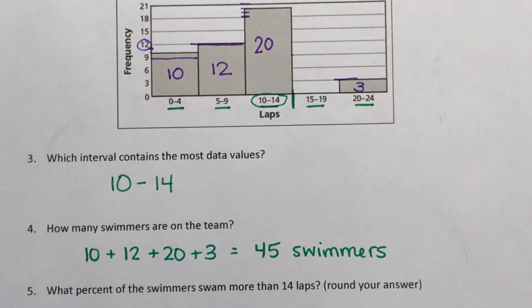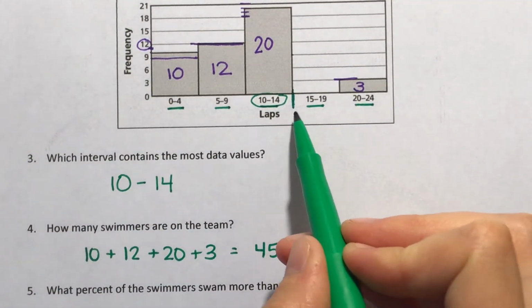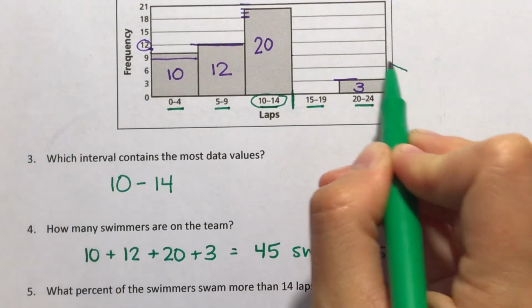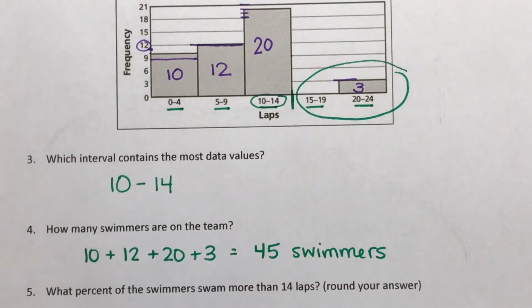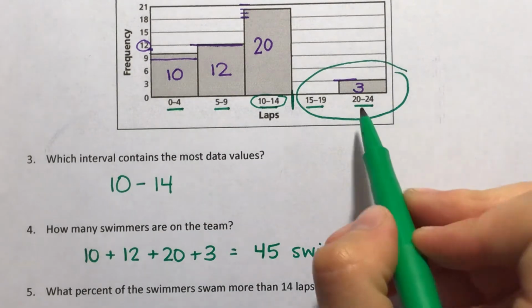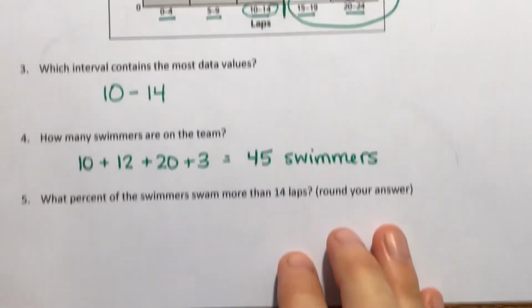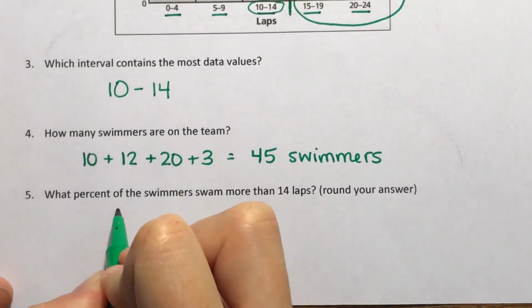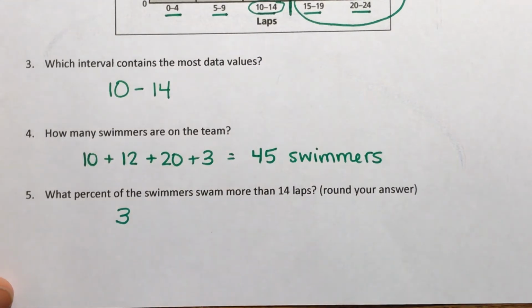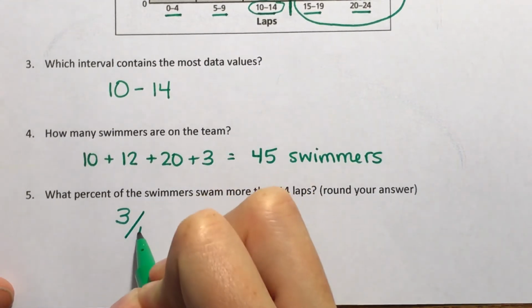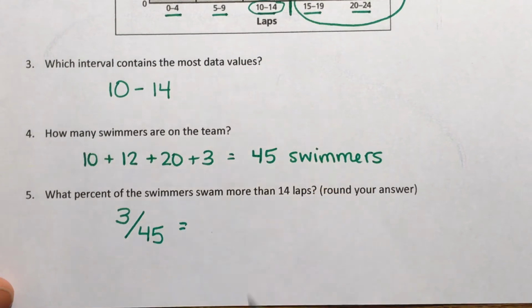But I want to know how many swam more than 14. So only these values over here are the ones that swam more than 14 laps. So really, that's only 3 swimmers. So 3 swimmers swam more than 14 laps out of 45 swimmers on the team.